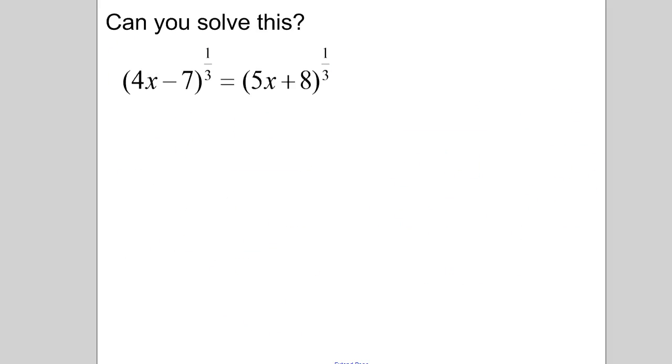Let's try this. So go ahead and write this down. Remember when we solved equations with a rational exponent, we used the reciprocal of the exponent.